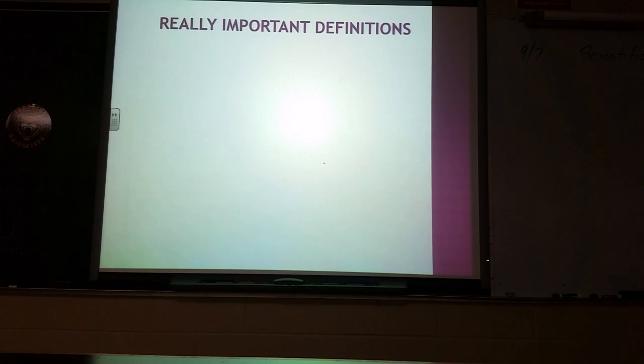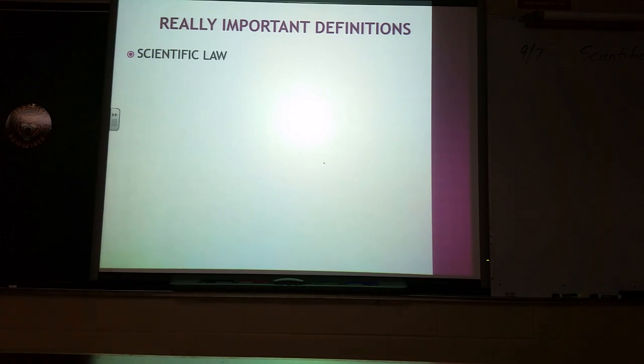We've got two last really important definitions. Our first one was hypothesis, and you should probably highlight that or underline it with a colored ink or something. There are two other ones that we're going to see on every single test, and at least one quiz. One is a scientific law.